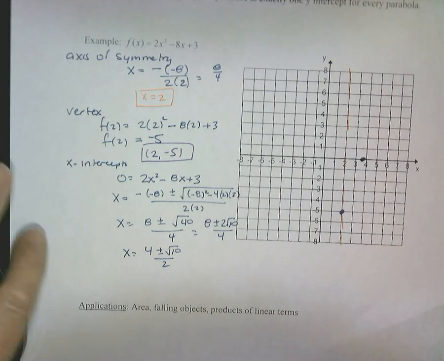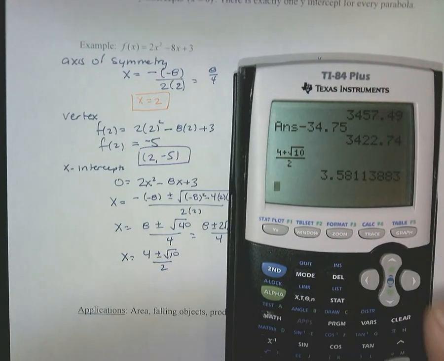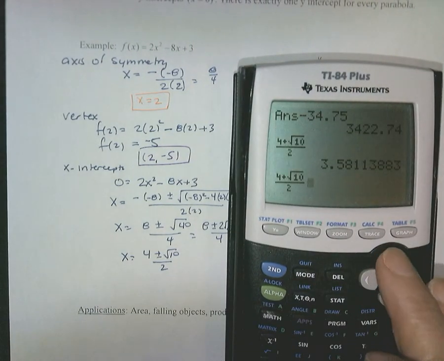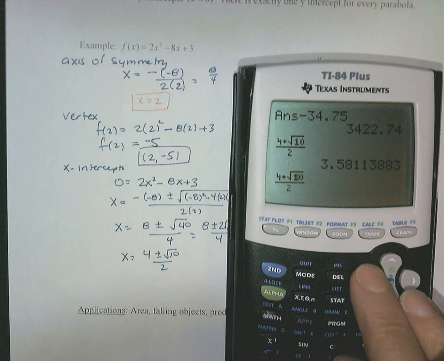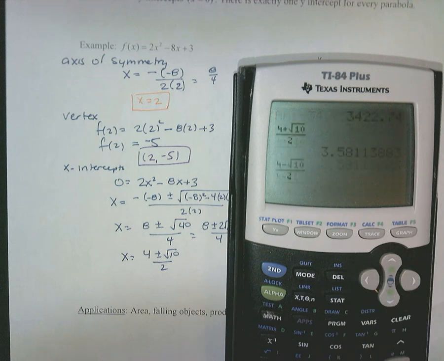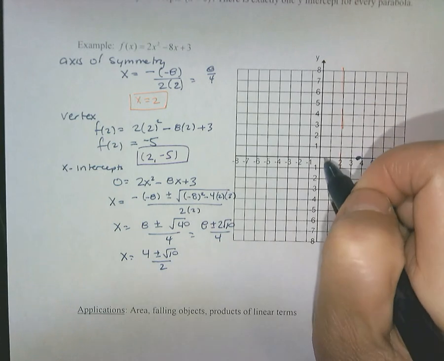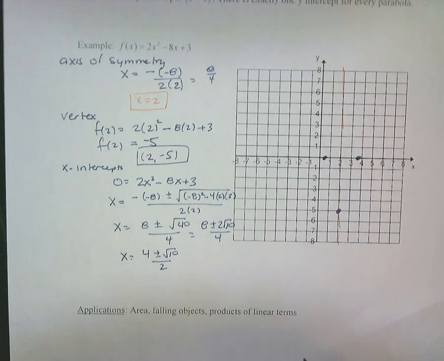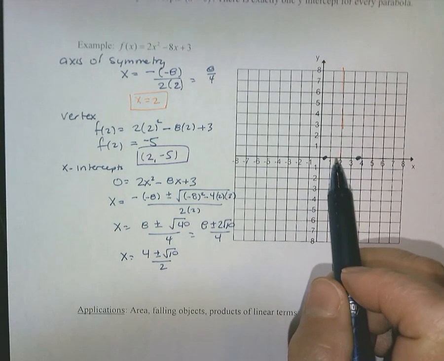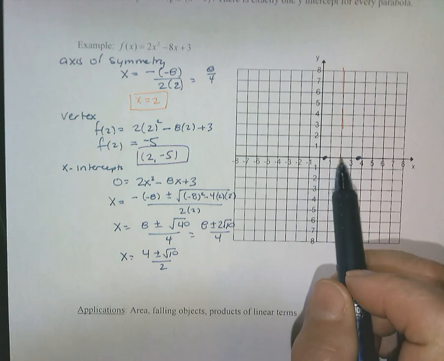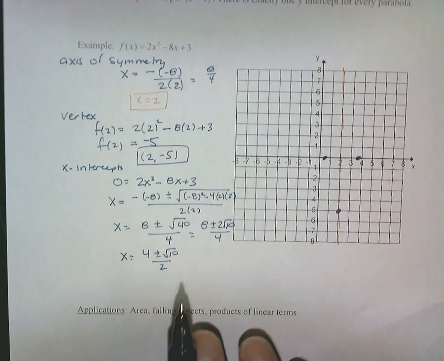Then I'm going to come back up, instead of a plus sign, I want to make a minus sign. And I get 0.418. A little bit less than half. Which makes sense. I'm a little bit more than 1 to the left and a little bit more than 1 to the right.